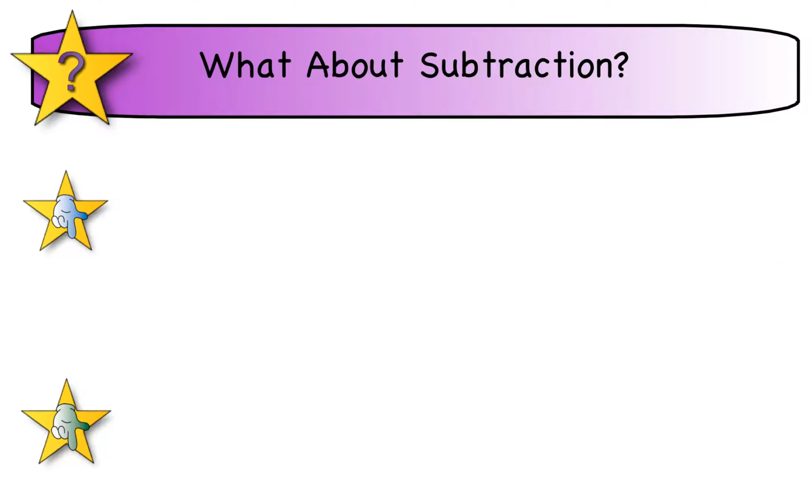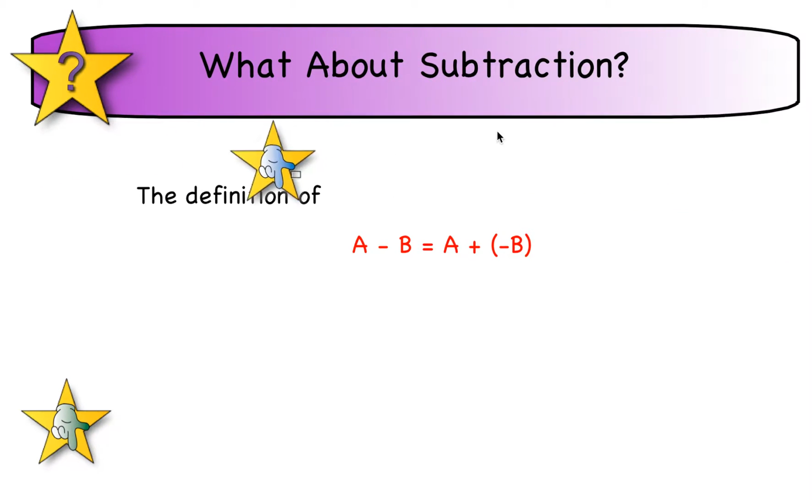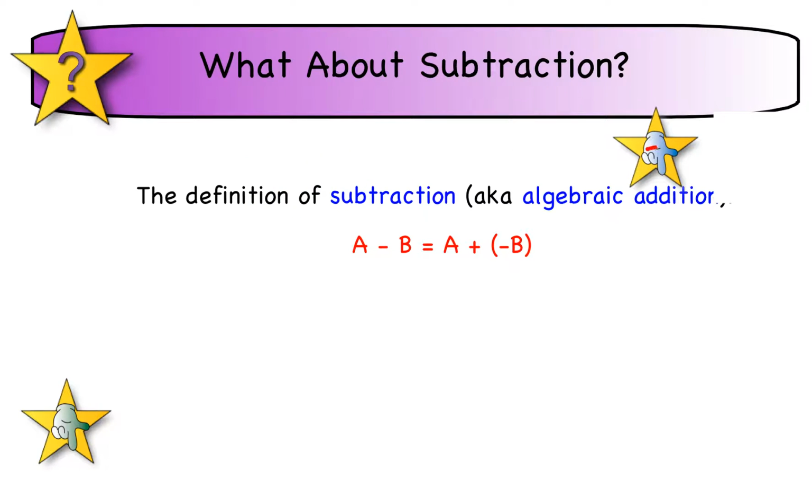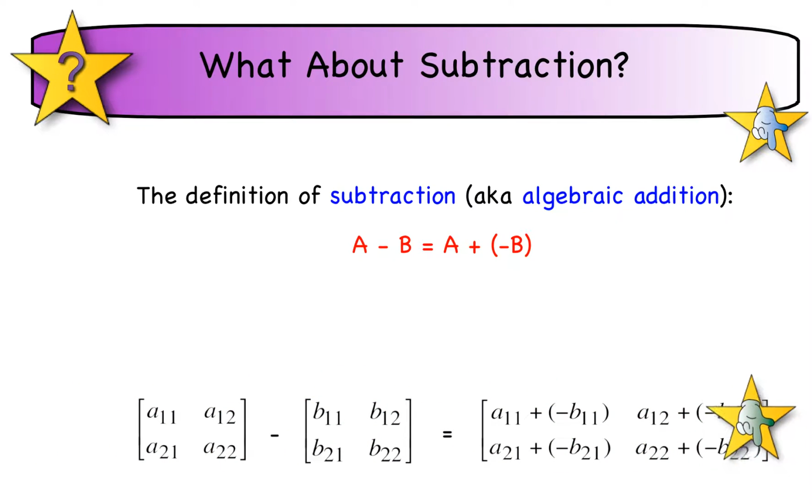How about subtraction? Does the order in which we subtract matrices matter? It works out that it does matter. So matrix subtraction is given as A plus the opposite of B. That would define A minus B. Matrix subtraction is not commutative.